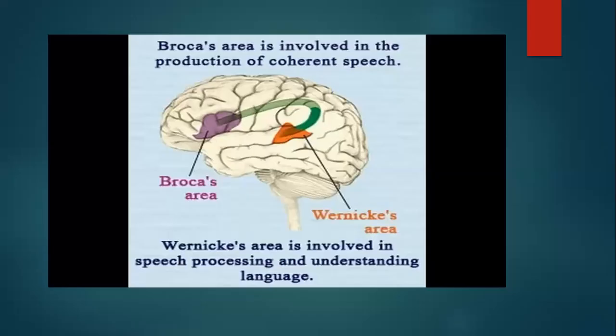Now, Wernicke's area is primarily involved in the comprehension. Comprehension means understanding of the language, and this area has been associated with language processing. अच्छा, अब आप language को process किस में करते हैं? अपने brain में करते हैं, ठीक है? Your language is processed in the brain.